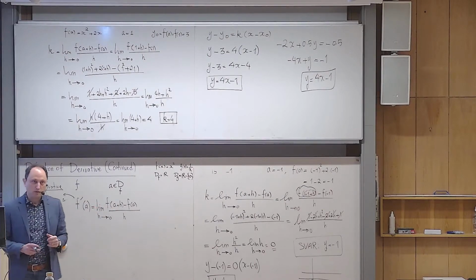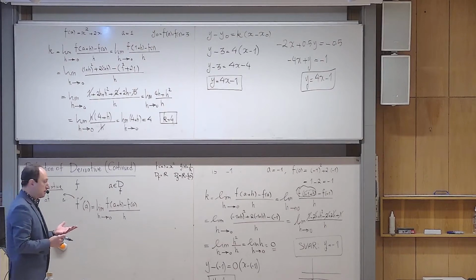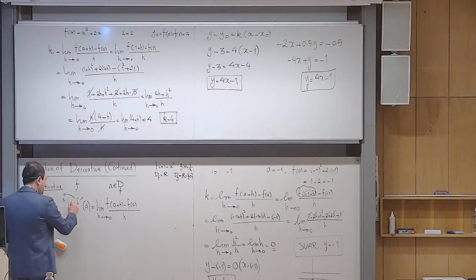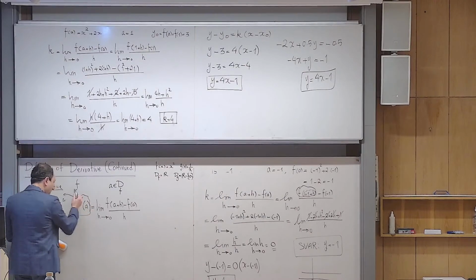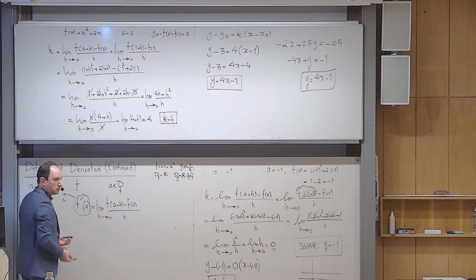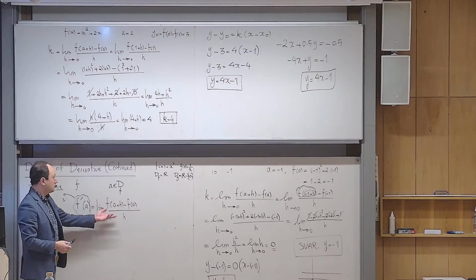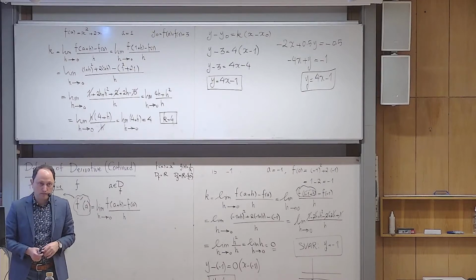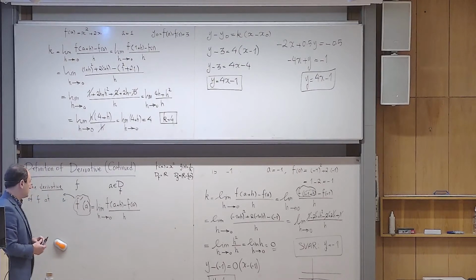Is that clear? This symbol means this limit, and this limit is no longer a mystery for you because we calculated it two or three times. That is the meaning of the derivative.